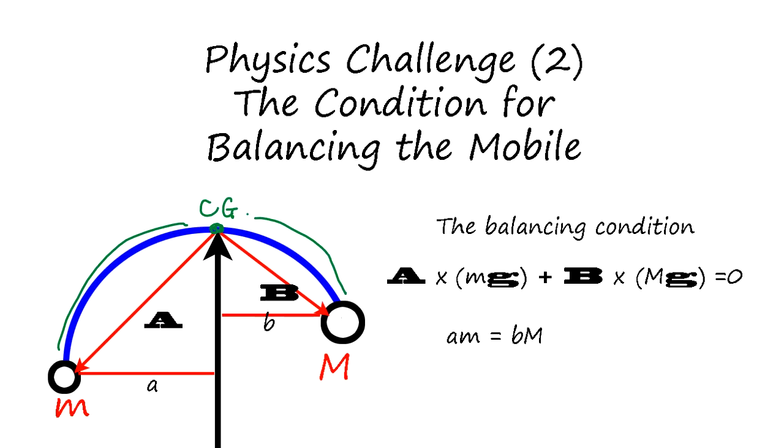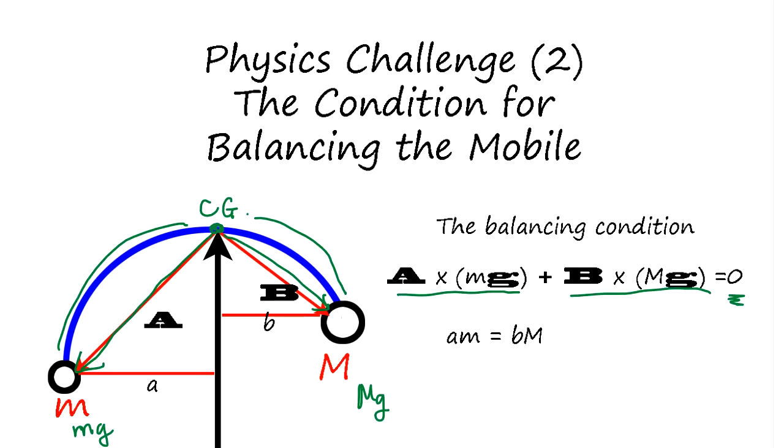So the torque is arm A times mg, the force. In the same way, mg and arm B. So for each leg, you add up all the torques, and they become zero.